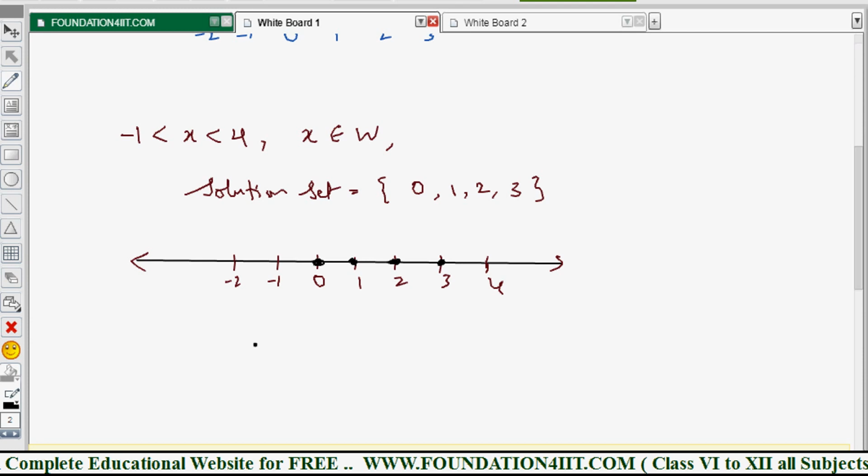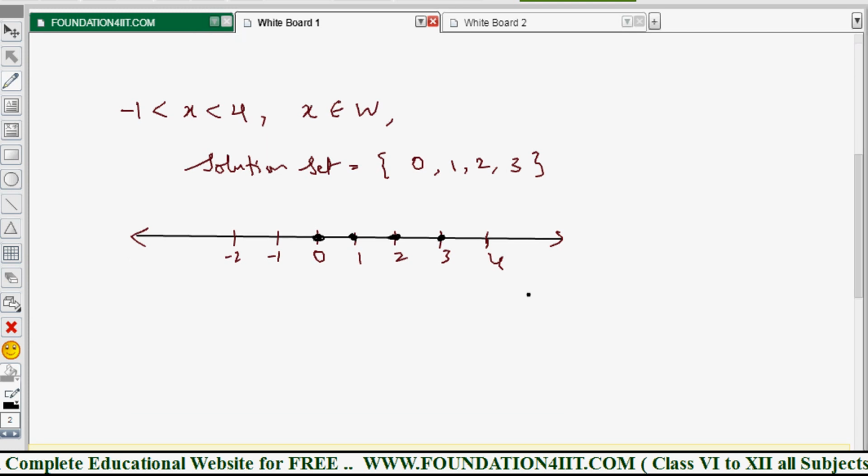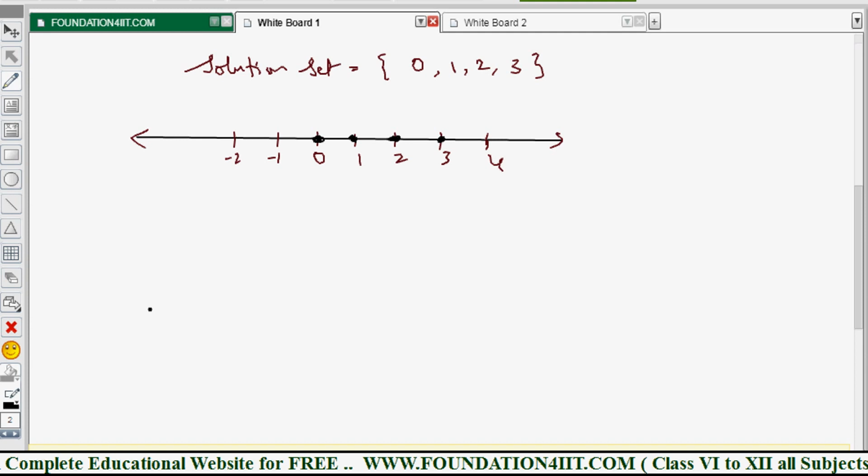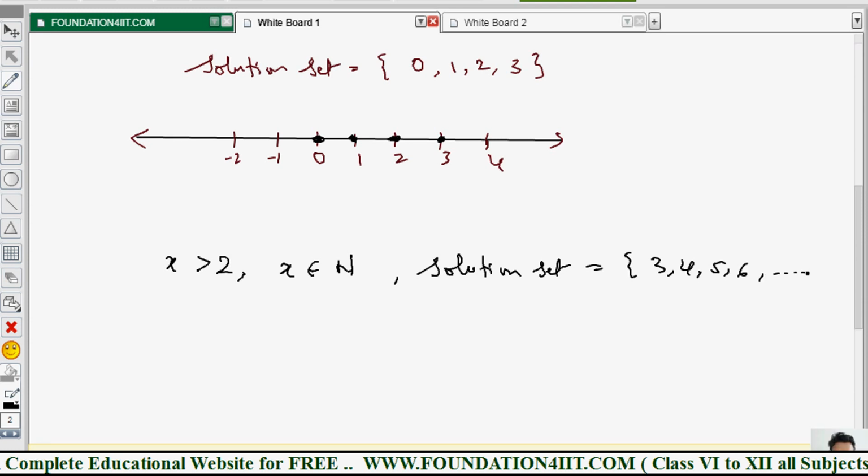Now, in case it is an infinite set of numbers, for example, x is greater than 2 and x belongs to natural numbers is given. For this solution set, greater than 2 means 3, 4, 5, 6 and so on, all till infinity, right?